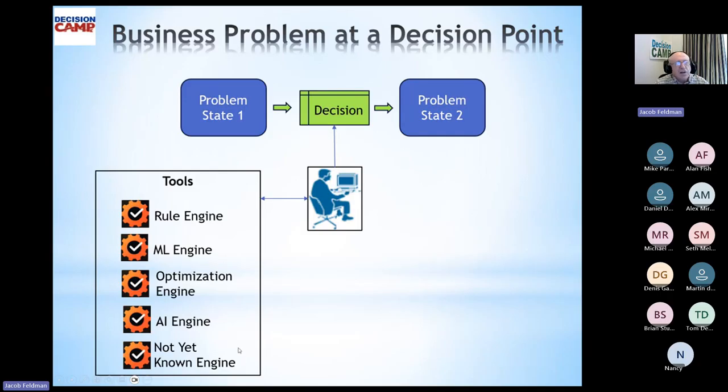We can also add hard-coded decision engines written by programmers a long time ago, or they continue to build new tools. That's what we have at our disposal, and it's up to us to decide which combination of these tools to apply. But apparently, what we all can confirm from Decision Camp is that a hybrid use of different technology is the preferred way to go.